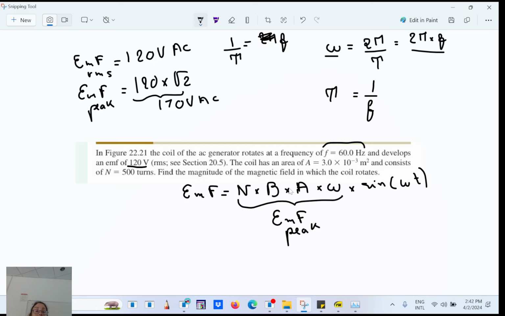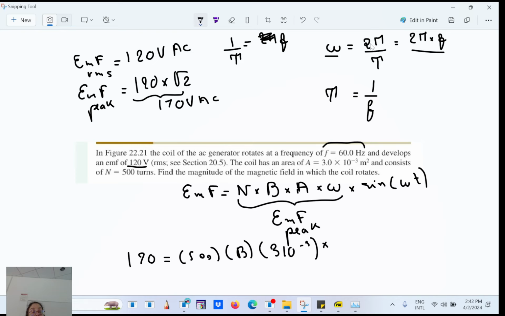You're doing it? You plug it in, right? So the EMF peak value is going to be 170. So 170 equals the number of loops, 500, times the magnetic field, which I don't know because that's what we want, times the area, 3 times 10 to the negative 3, times the speed.